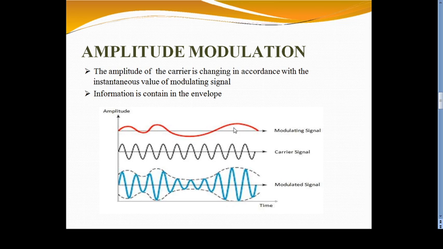So this low frequency modulating signal can be carried over a high frequency carrier signal. The amplitude of the carrier signal varies in accordance with the modulating signal. If you observe the dotted lines, this is the envelope, and the modulating signal is inside the carrier. So we can define this as amplitude modulation.